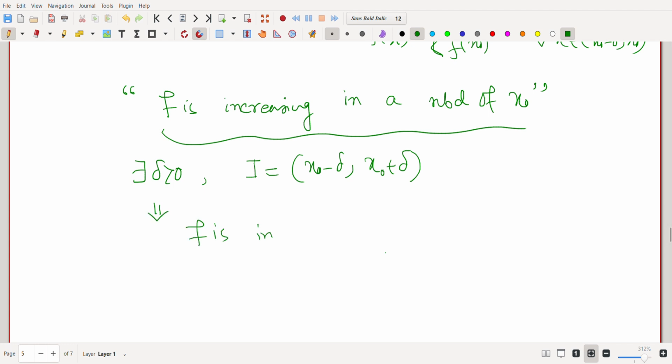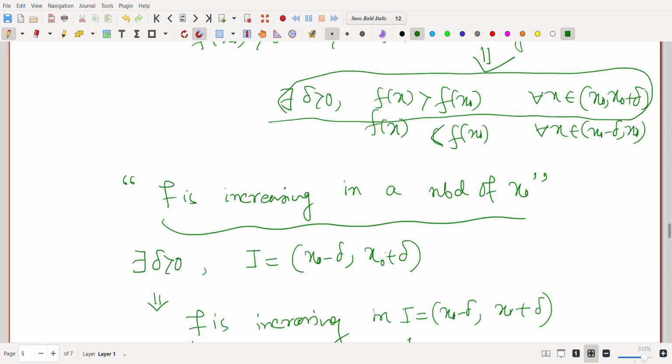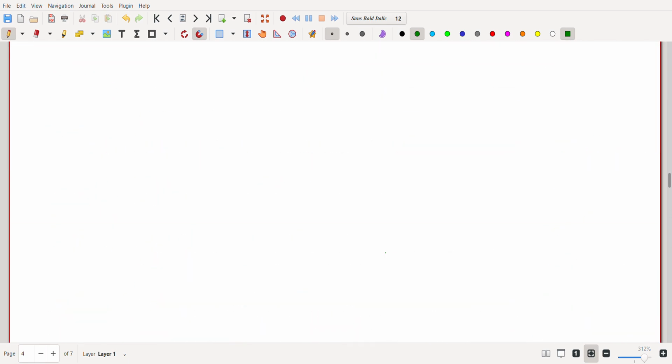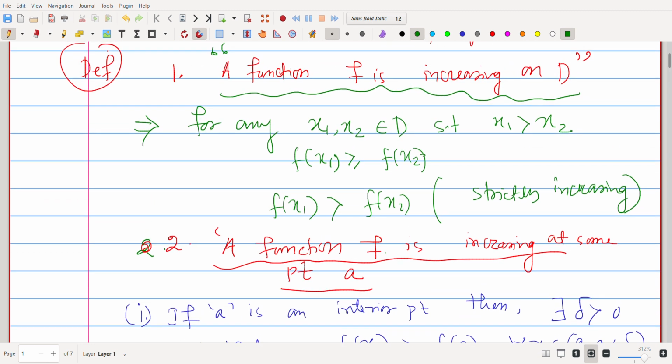Now the question becomes: f is increasing in I, which is equal to x naught minus delta comma x naught plus delta. So whenever I say that f is increasing in or on I, where I is x naught minus delta comma x naught plus delta, that means it is an interval. So whenever I say that f is increasing on an interval, then I need to see the definition of being increasing on some interval, which is this one.